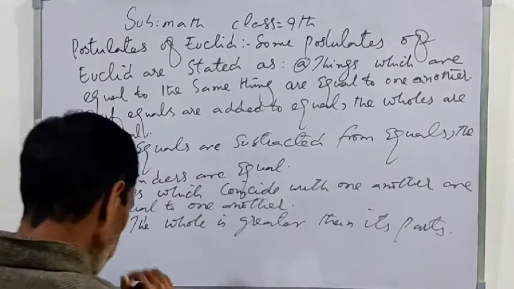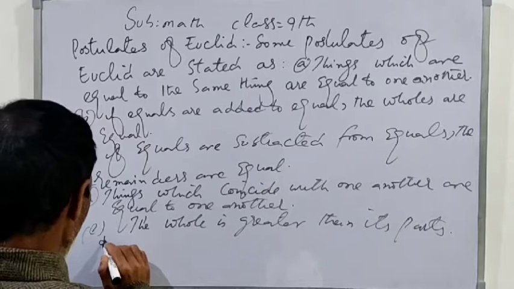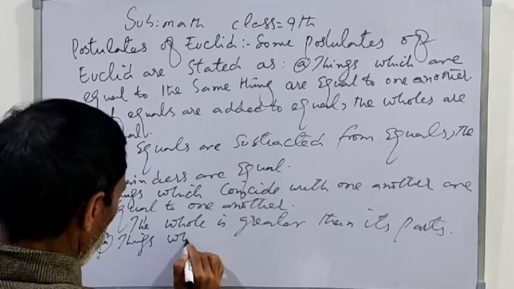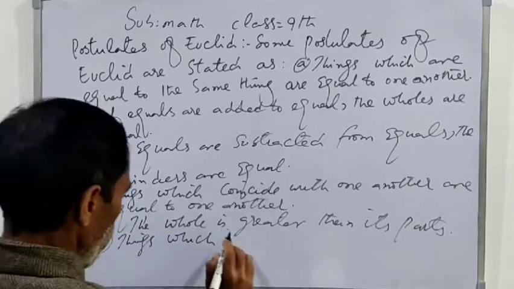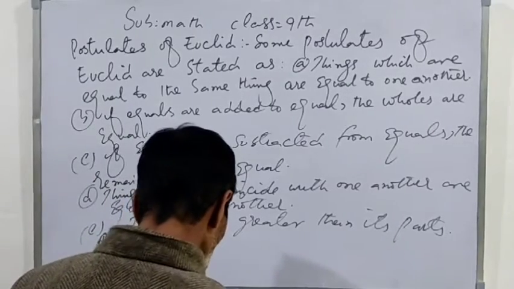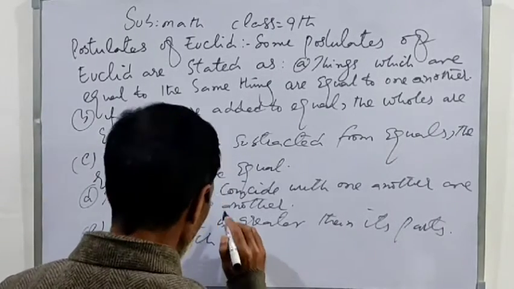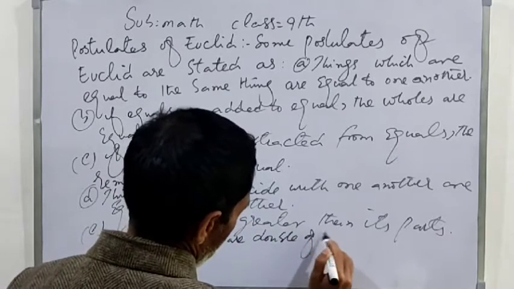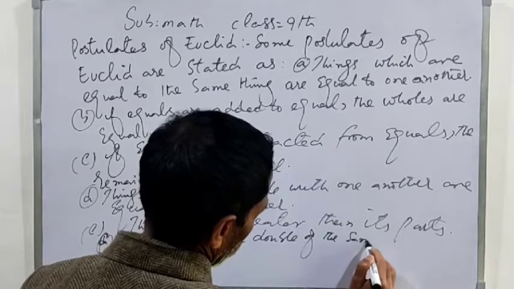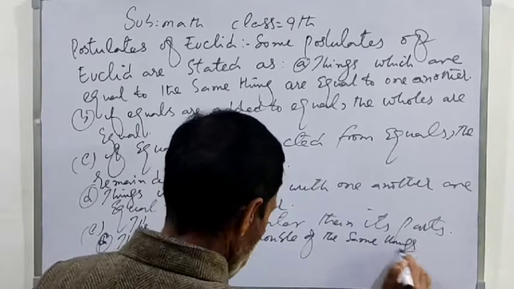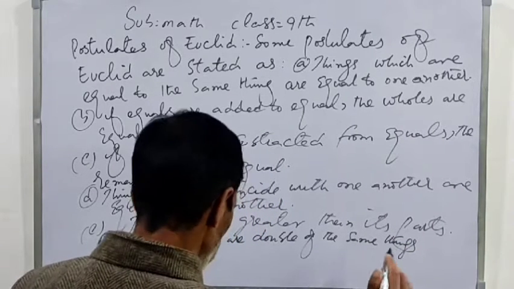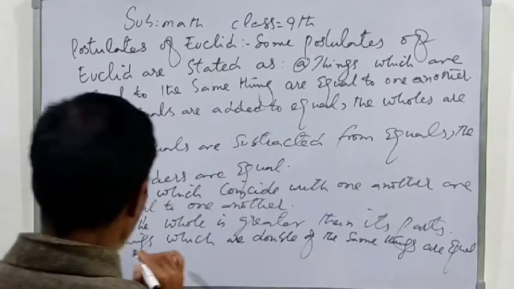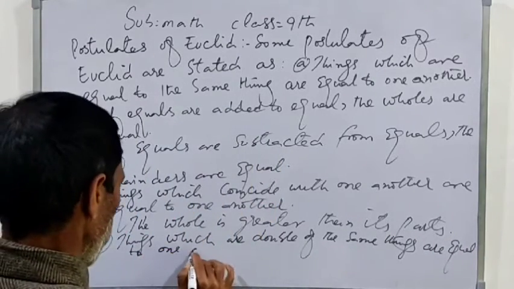Another postulate is things which are double of the same things are equal to one another.